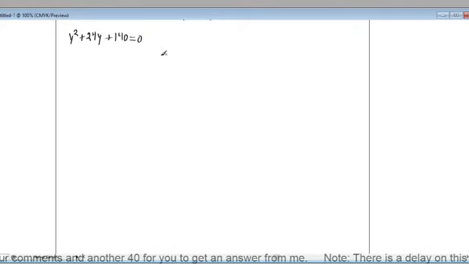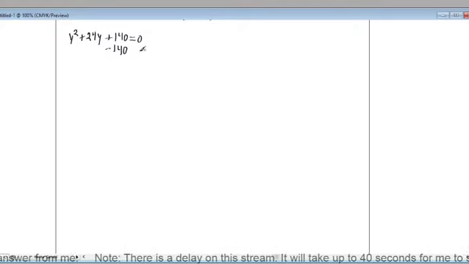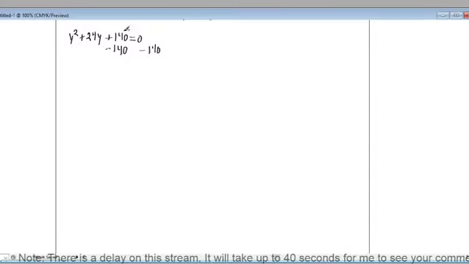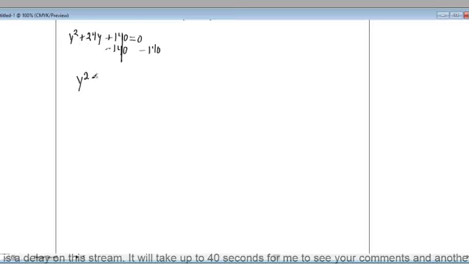The next step is to get the y's alone, the y's on one side. So we're going to need to take 140 to the other side. Okay, so that'll cancel it out here, just leaving the y's on this side, which is what we want.